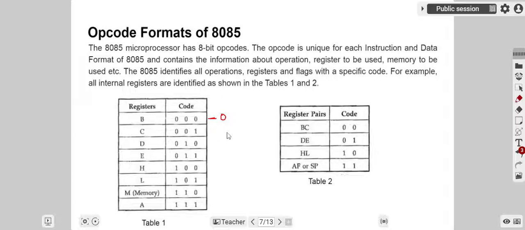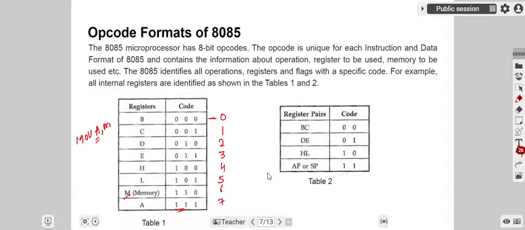This C is specified as 001, D as 010, E 011, H 100, L 101, and M. For example, I am using here MOV A, M. So this A would be specified as 111, and this M would be specified as 110.